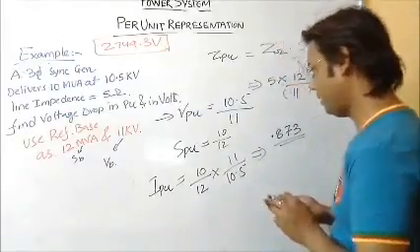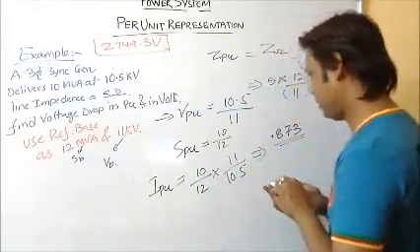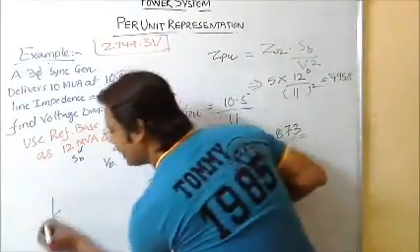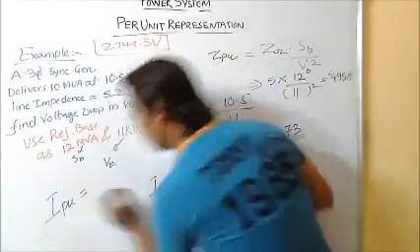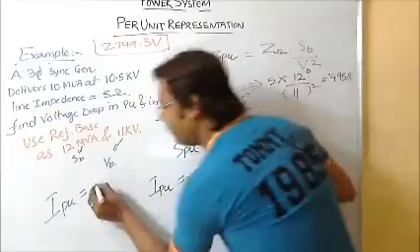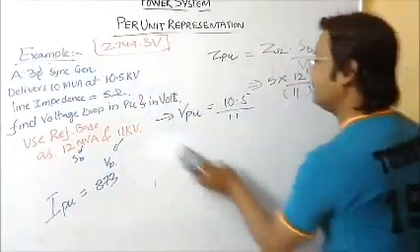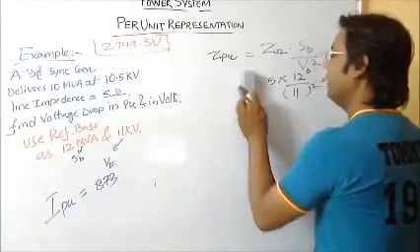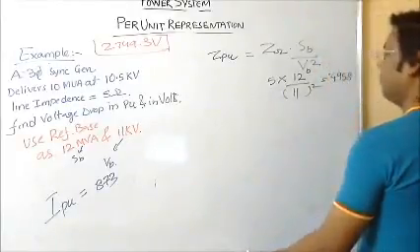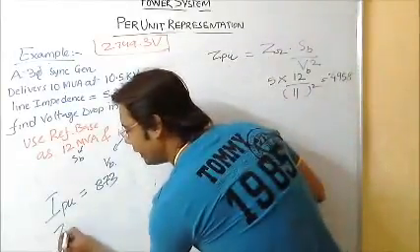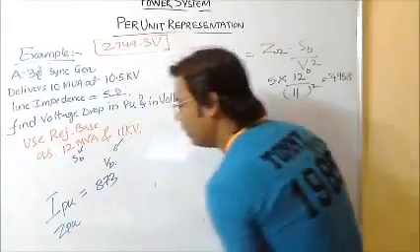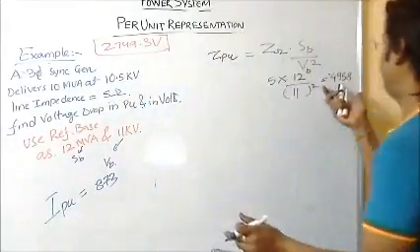So I per unit already came as 0.873. I will write over here and omit E per unit. And Z per unit I got as 0.4958.